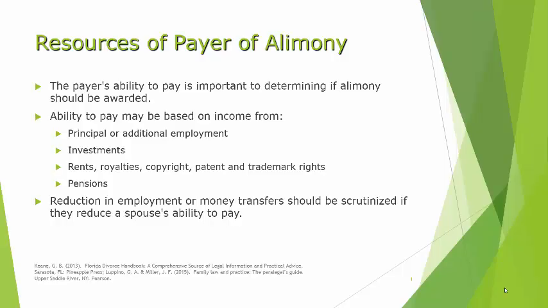Now, then there is also, as far as looking into the resources of the payer, sometimes there's concern that the potential payer has reduced his or her income to try to avoid paying alimony.